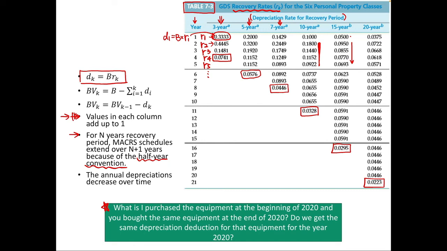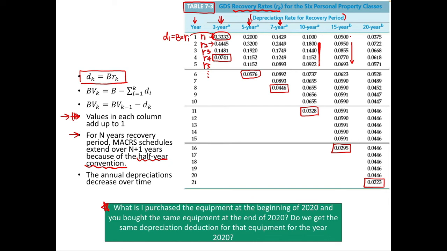Okay, and then this also explains why we have a smaller percentage in the first year. Actually, it's only half of the real percentage of that whole year. So that's why the R1s are all smaller than R2s, because actually the R1s should be 2 times the number listed there, which would make it bigger than R2.